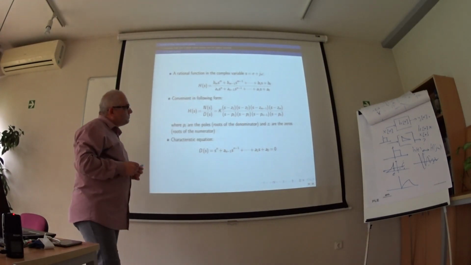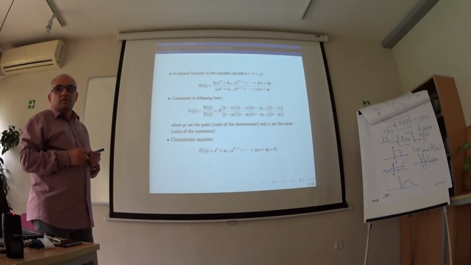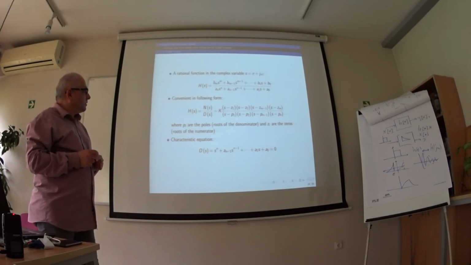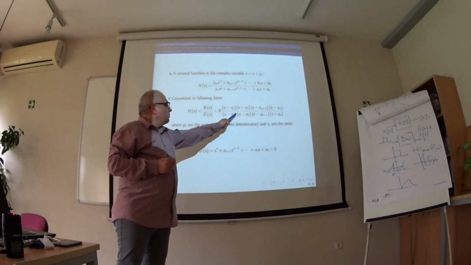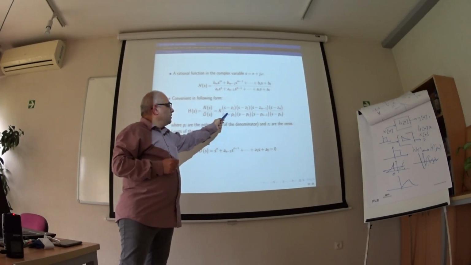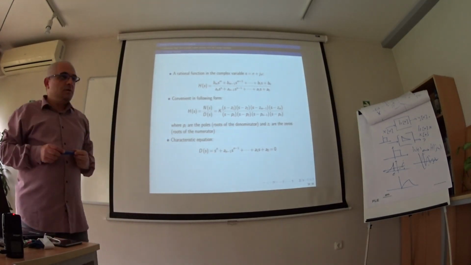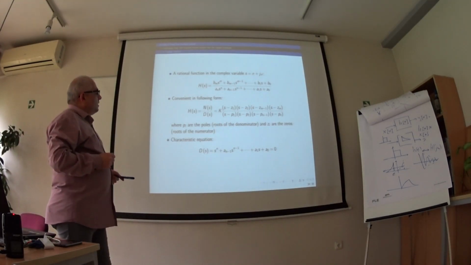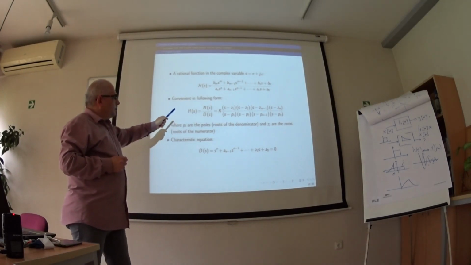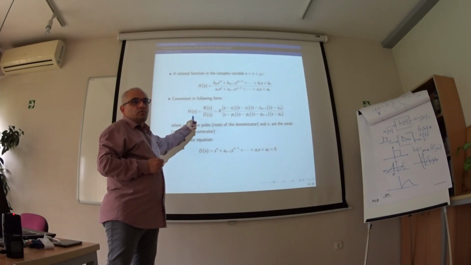We call these roots of the numerator zeros, and p1, p2, and so on are the roots of the denominator. We call them poles. Zeros make H of s equal to 0, whereas a pole makes H of s tend to infinity.